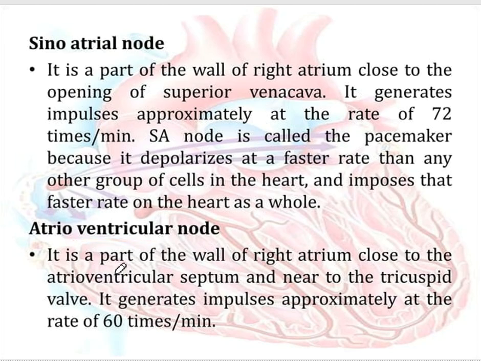The AV node is situated on the wall of the right atrium close to the AV septum, that is the atrioventricular septum, near the tricuspid valve. It generates impulses at 60 times per minute. So these are the basics.